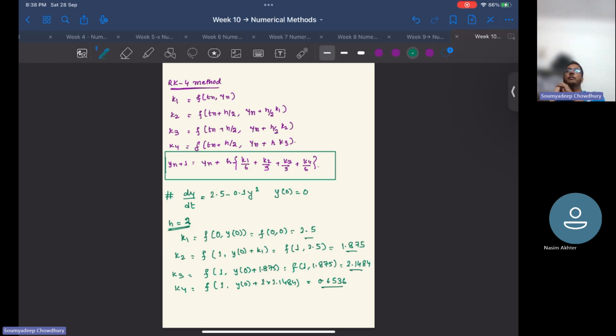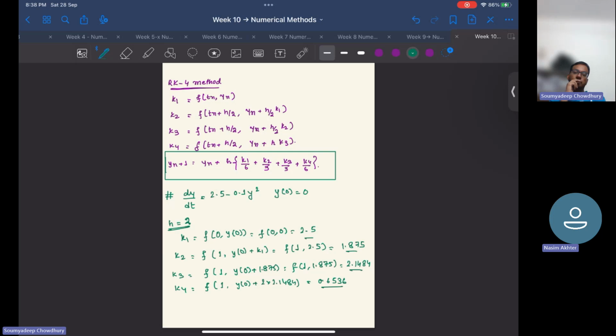Anything below 0.1% is acceptable. Suppose in any engineering problem or real life practical problem you are solving using a numerical technique, your error should be less than or equal to 0.1%. That is the general conception which is taken.